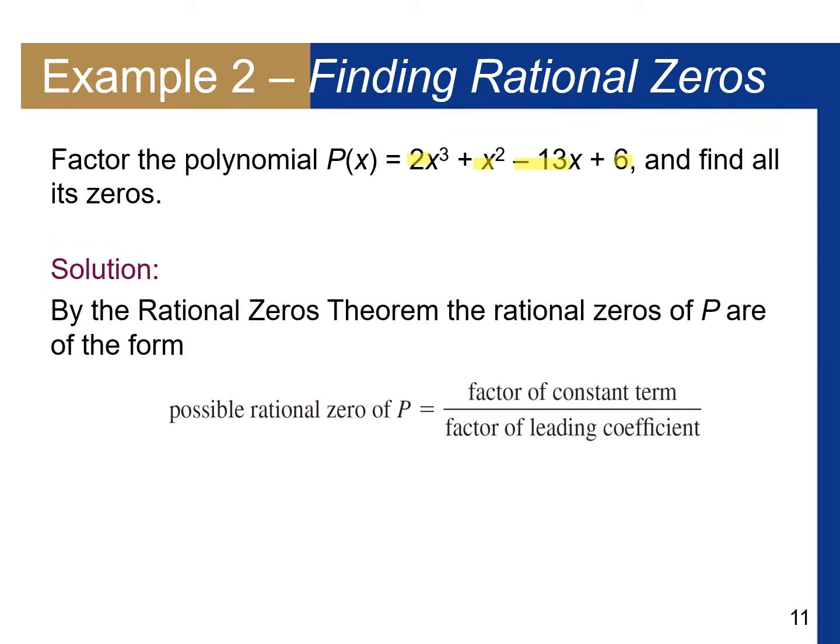Now I have to take all the possible factors of the constant term, which is 6. So possible factors of 6 would be plus or minus 1, plus or minus 6, because 1 times 6 is 6, -1 times -6 is 6. Then I have plus or minus 2, and also plus or minus 3.